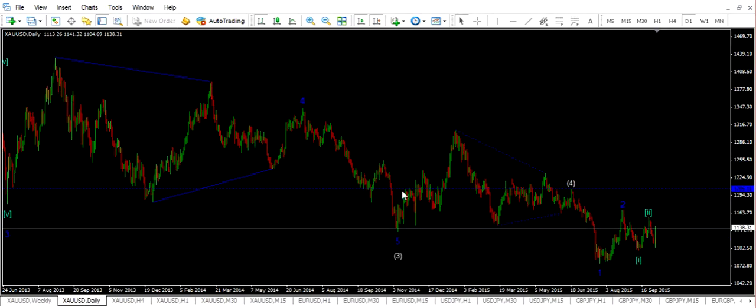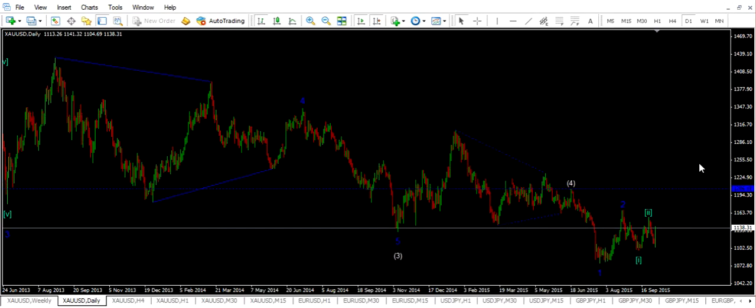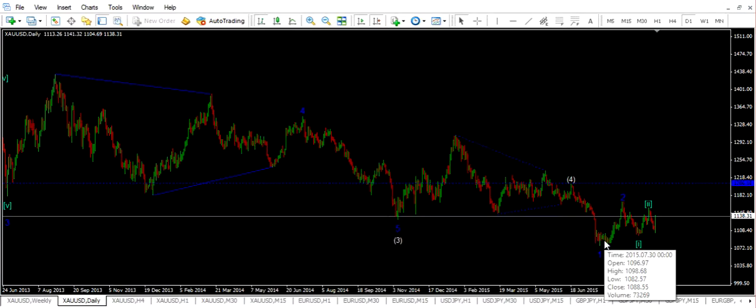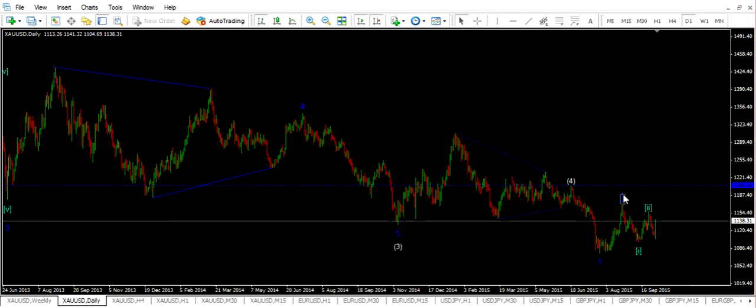So on the daily chart, we have our intermediate wave 4 here, and since this intermediate wave 4 at around 1206, we have had an impulsive drop, making minor wave 1 in blue and minor wave 2, counter trend rally wave 2.